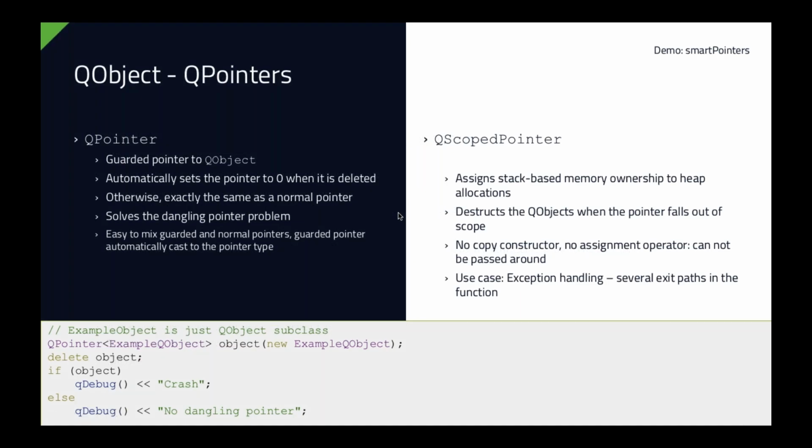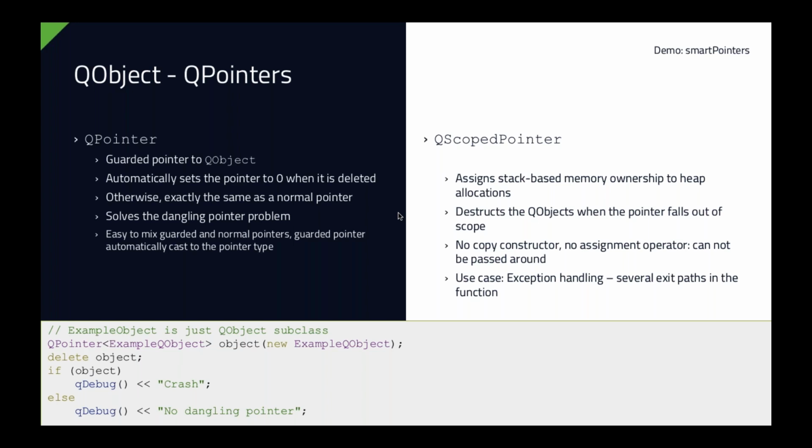For managing your QObject, we offer a couple of useful QPointer classes or smart pointer classes. The QPointer class offers a guarded pointer to a QObject. So rather than just using a regular pointer, this is a convenient way of keeping it safe so there's no dangling pointer.